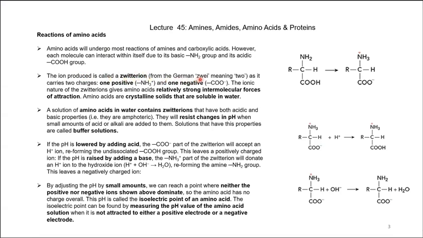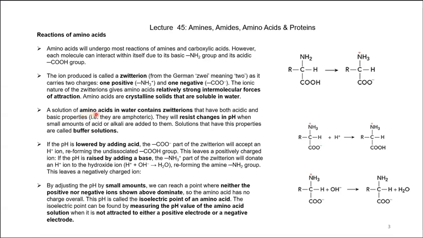It comes from the German word zwi, that means two. So it can be charged as a positive ion, and can also be charged as a negative ion. You see that now, we can have a positive ion here and a negative ion at the carboxylic acid. That's it. And amino acids are crystalline solids that are soluble in water.